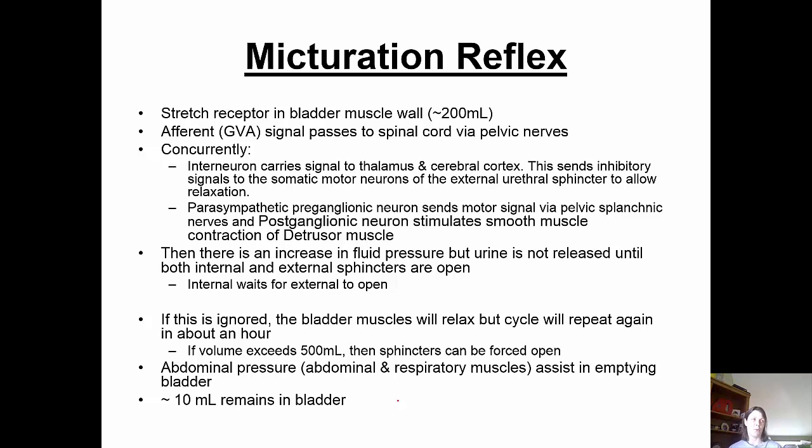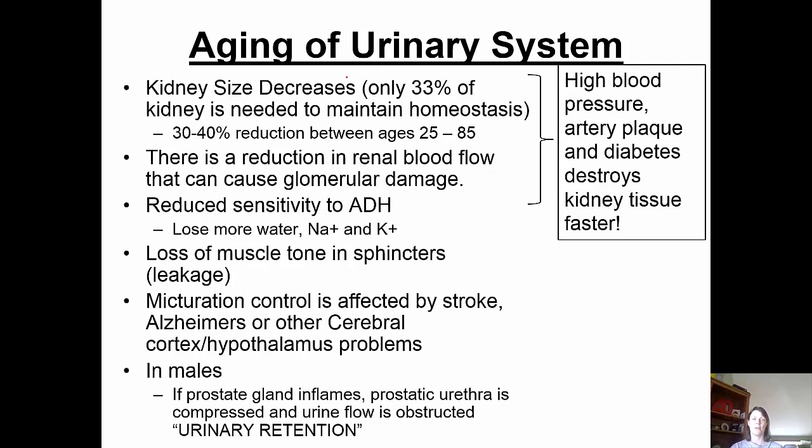But you're not going to get all of it out. There's always going to be a residual amount of about 10 milliliters when it's all said and done. But this whole reflex of needing to pee is called the micturition reflex. So you can masticate to chew, micturate to pee, and then we know what the third M word is, but we won't talk about that.